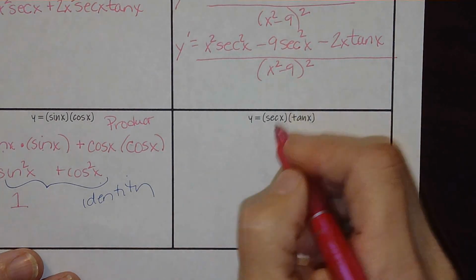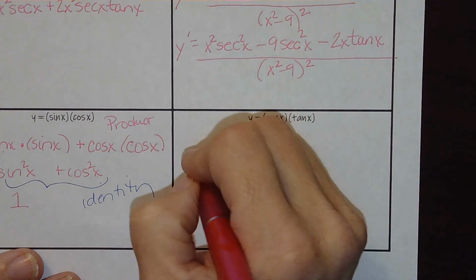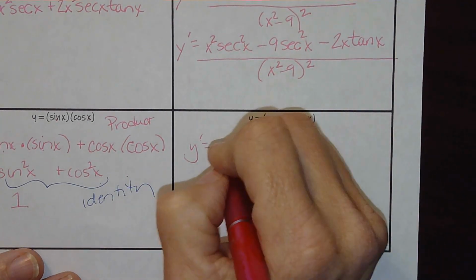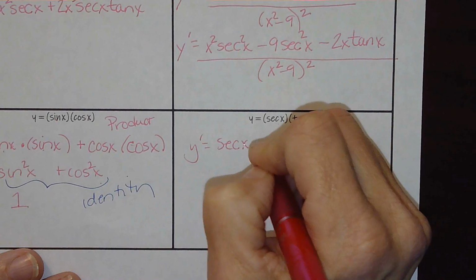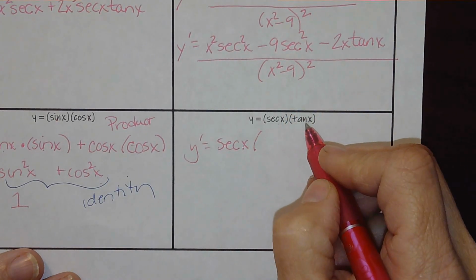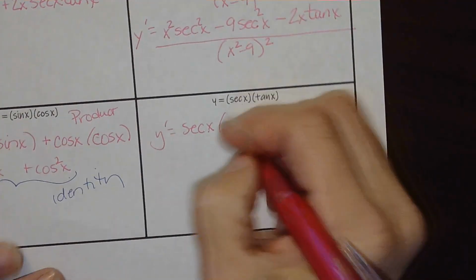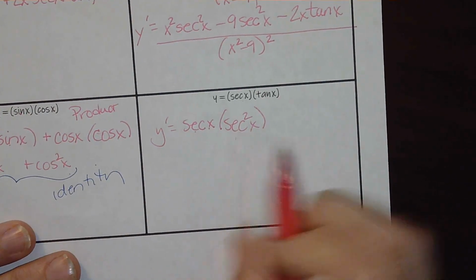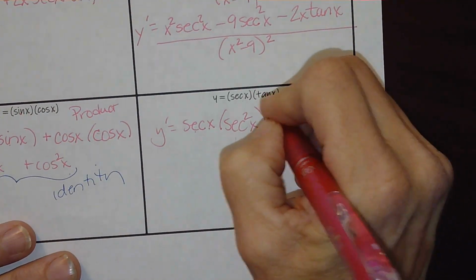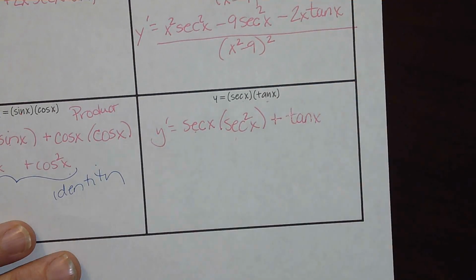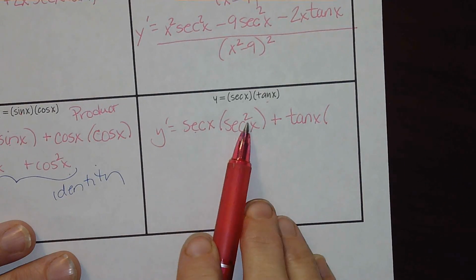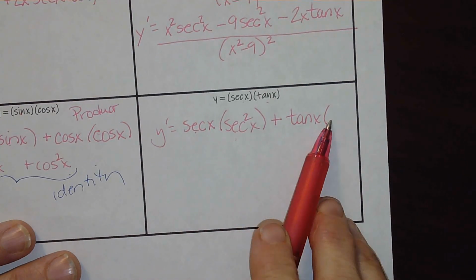Okay, so again, I have a product. So y prime equals secant, which is first, or the u, so it's secant of x, times the derivative of tangent. The derivative of tangent is secant squared x. So I have u dv plus v, which is tangent of x, times du.